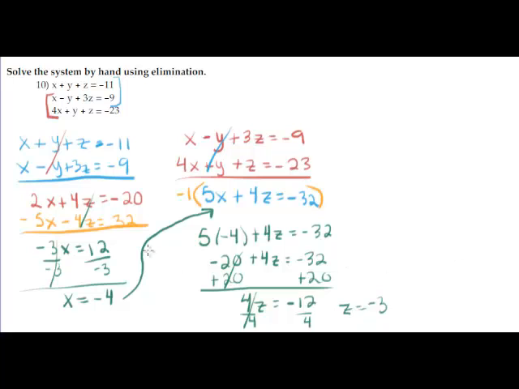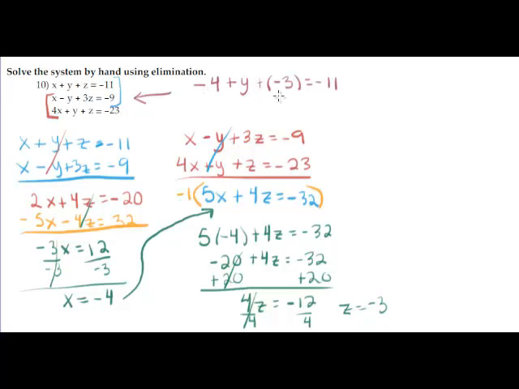So now I need to take both of these, the x and the z, and plug it back into one of my first 3 equations. It doesn't matter which one. I'm going to pick the first one because all of my variables are positive and I feel like that'll be helpful. So x is negative 4 plus y plus z, which is negative 3, equals negative 11.